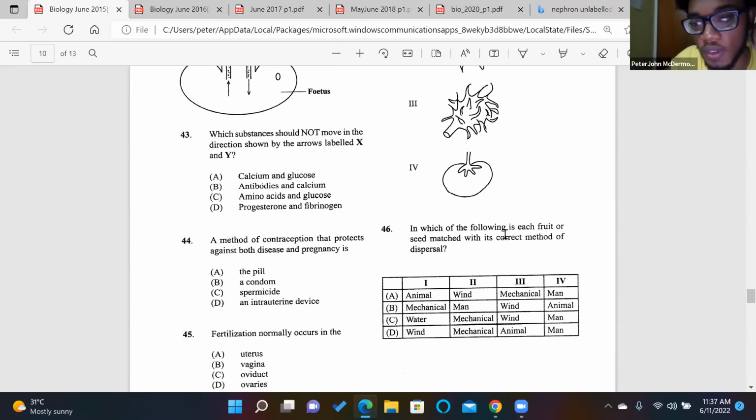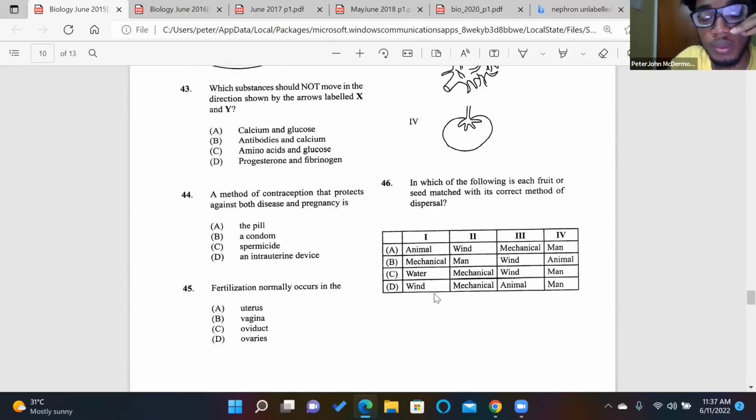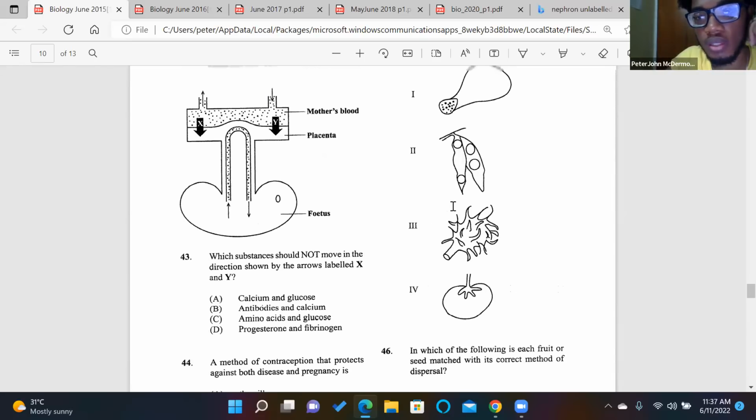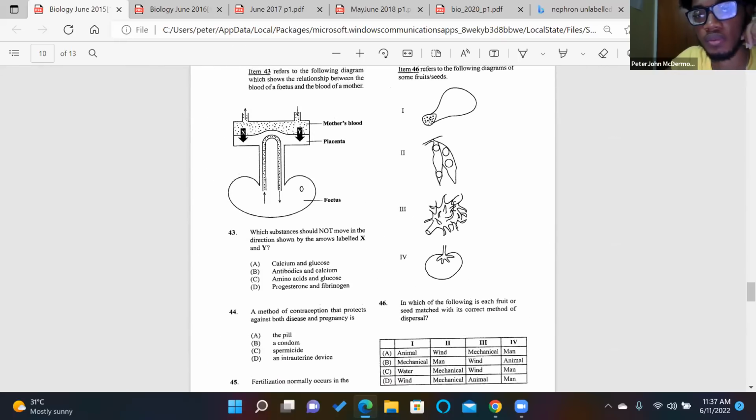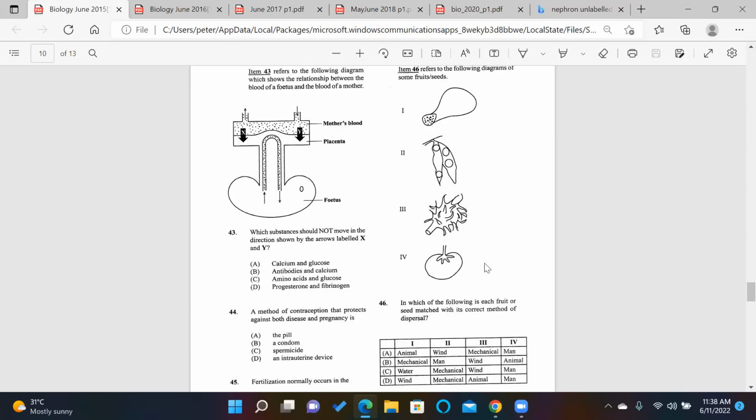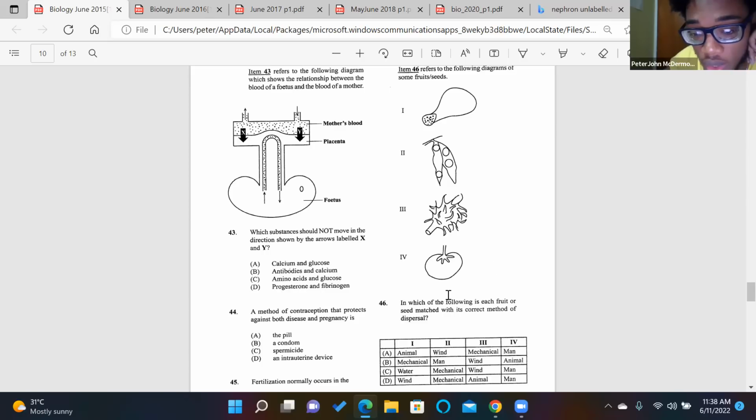Some fruit and seeds. In which of the following is each fruit or seed matched with the correct method of dispersal? Let's look. So you have 1, 2, 3, 4. Let's just zoom out. I'll go with D. All right, let me think.